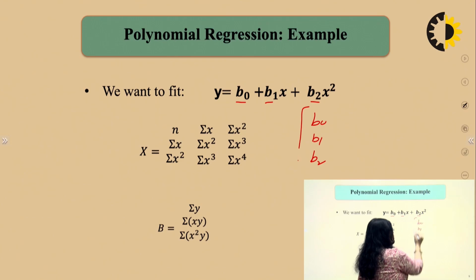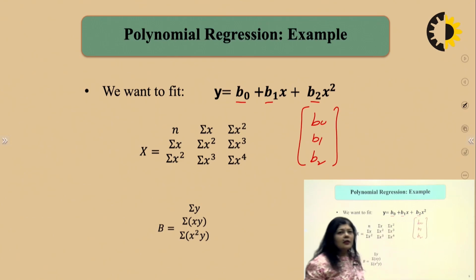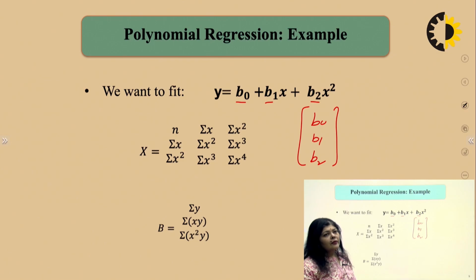I need to know the value of these 3 coefficients to know my equation of polynomial regression. And once I know the equation, then I can simply put in the value of x, some new value of x which is not already present in the data set, and for that I can find out the value of this y, right?